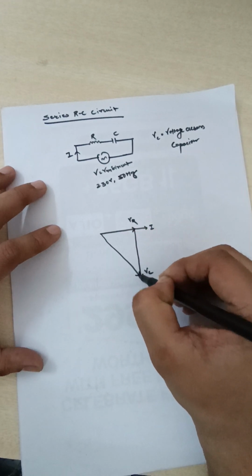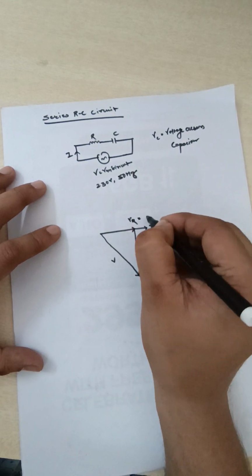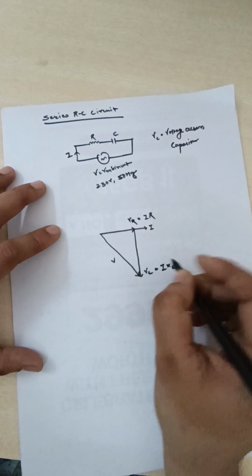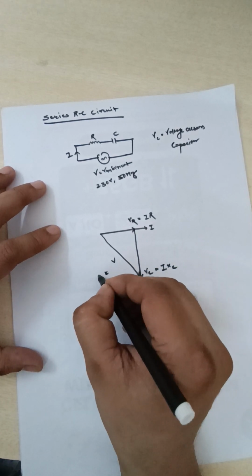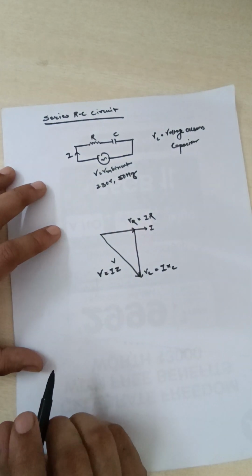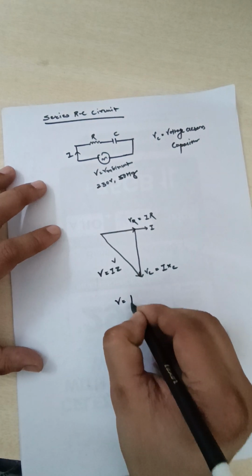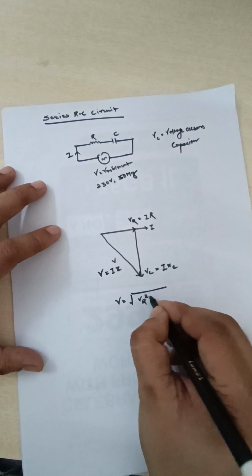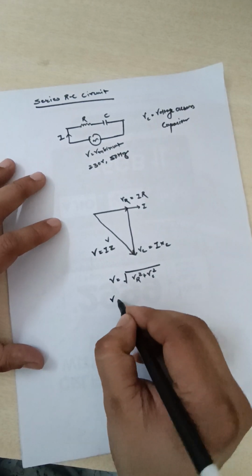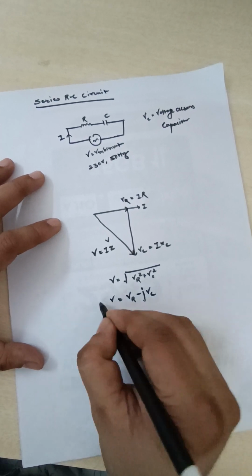This will be the resultant voltage V. Here VR will be equal to I into R, VC will be equal to I into XC, and V will be equal to I into Z. Clear? Now if I write V, then V will be equal to the square root of VR square plus VC square, or we can write V equal to VR minus j VC.